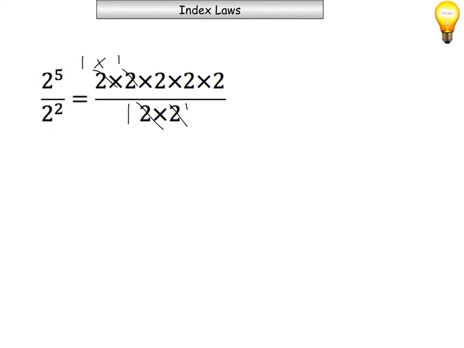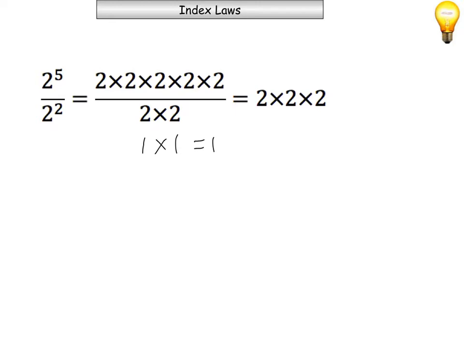So we've got 2 times 2 times 2 times 1 times 1, which is the same as 2 times 2 times 2, because 1 times 1 is just 1.